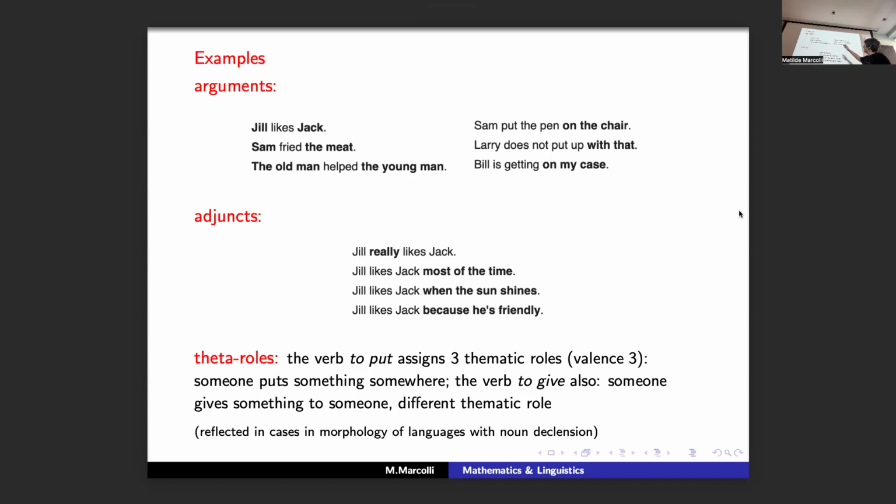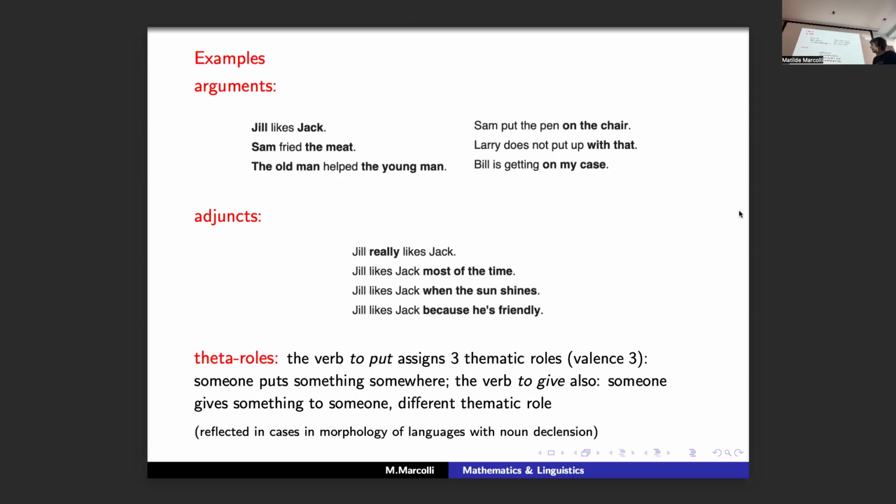And there are other things like to put or to get. You put something somewhere. So in this case there are three legs, it's trivalent. There's a subject, there's a direct object, and there's necessarily something that's locative in function.